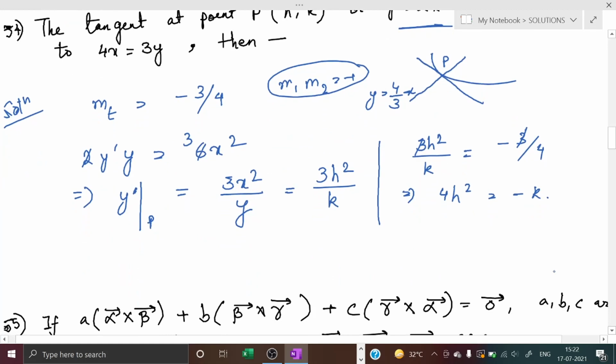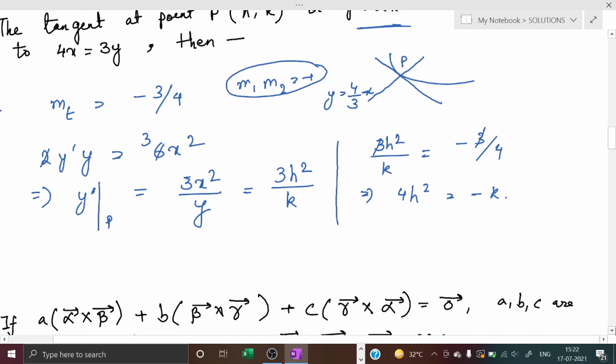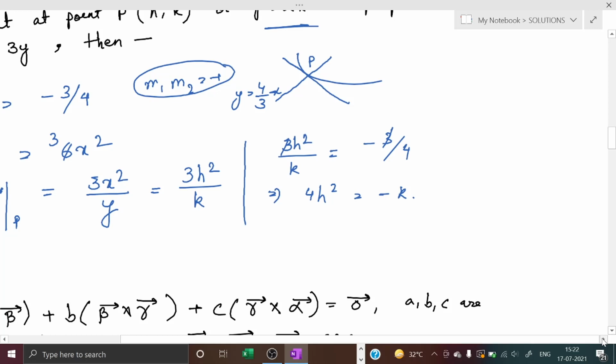Okay, this is one, and since this point lies on this curve, y square equals 2x cube, the point lies here, so it will be k square equals 2h cube.